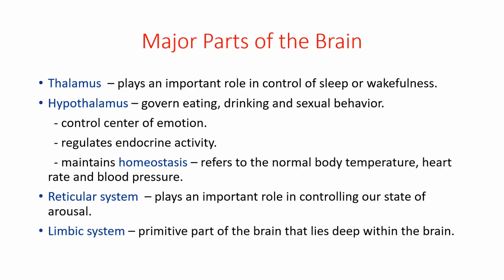So, in addition, these are other parts of the brain. Thalamus plays an important role in control of the sleep or wakefulness. Hypothalamus governs eating, drinking, sexual behavior, which is also the control center of emotion, and regulates endocrine activity. So dito, merong association yung function ng brain, ng nervous system with the endocrine system.